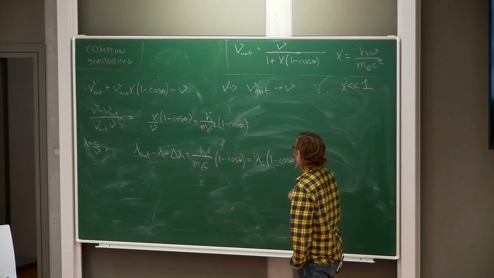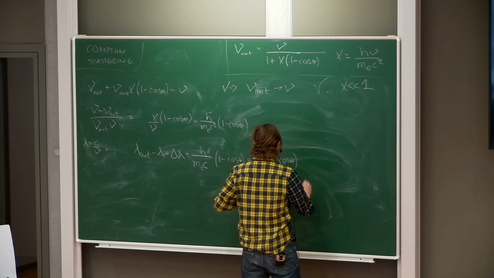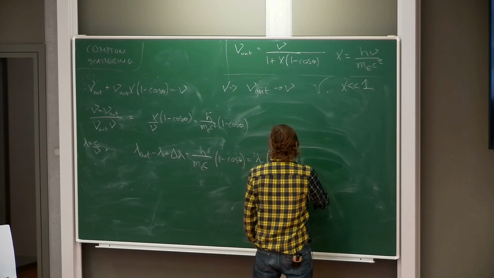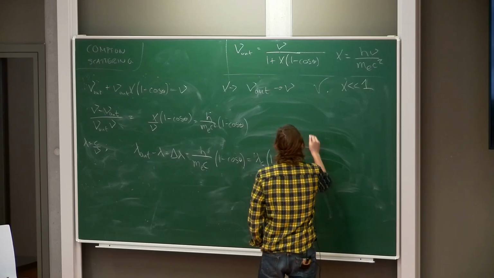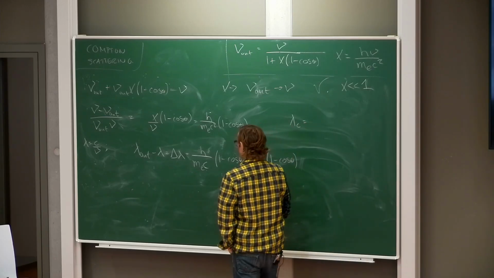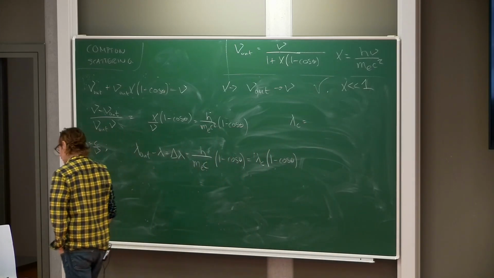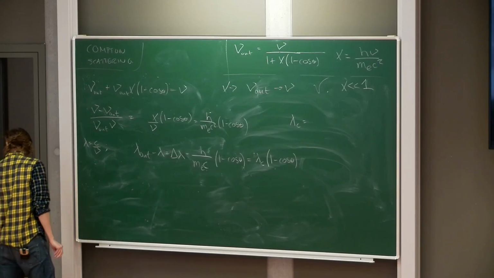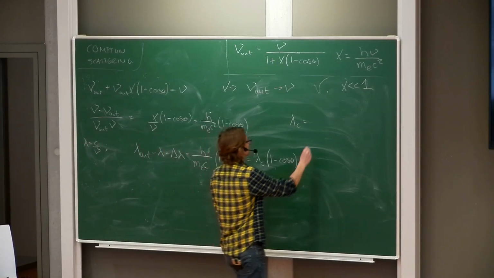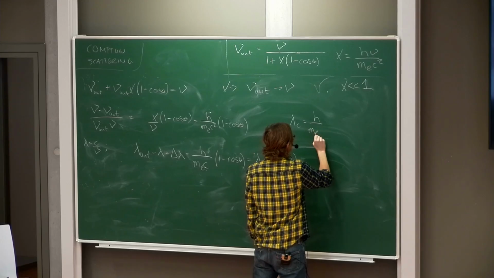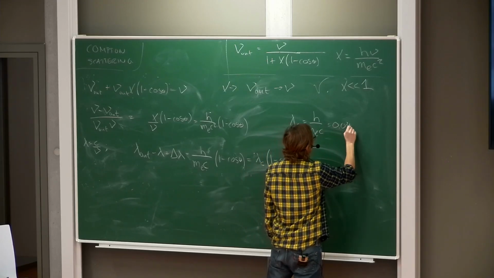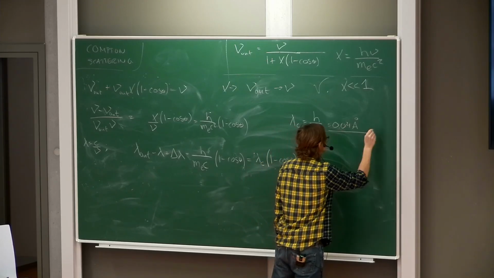And this constant here is indeed called the Compton wavelength, which is why I wrote it as lambda c, and it has a very small numerical value: h over m_e c is about 0.04 angstroms.